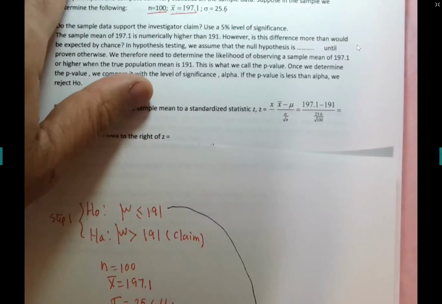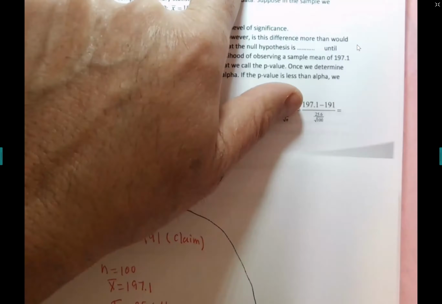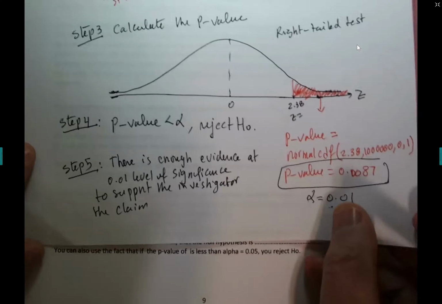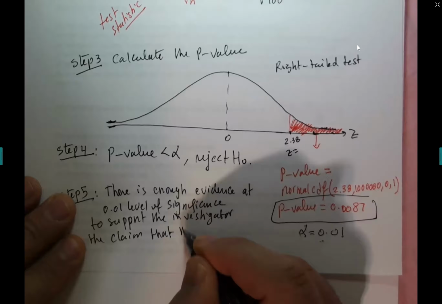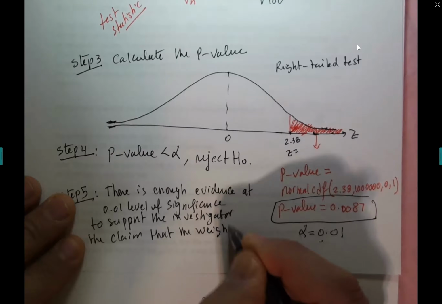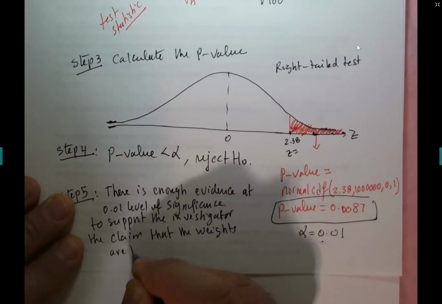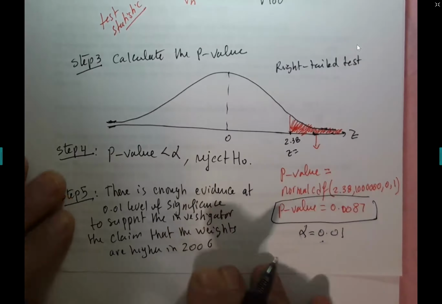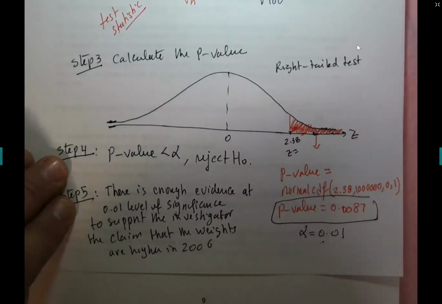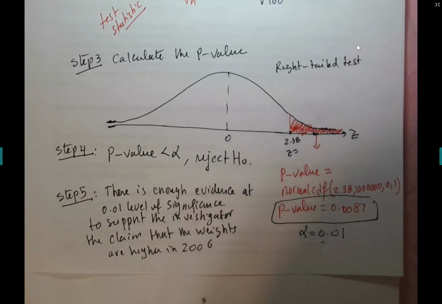An investigator claims that the weights are even higher in 2006. So we were able, guys, to support the claim of the investigator. That means, yes, American males in 2006 have more weight on average than what they had in 2002, I think, or 2001.